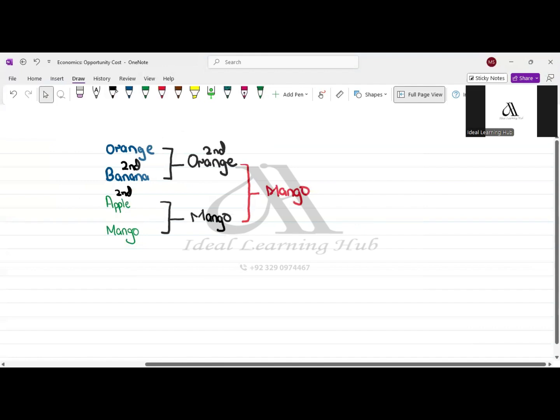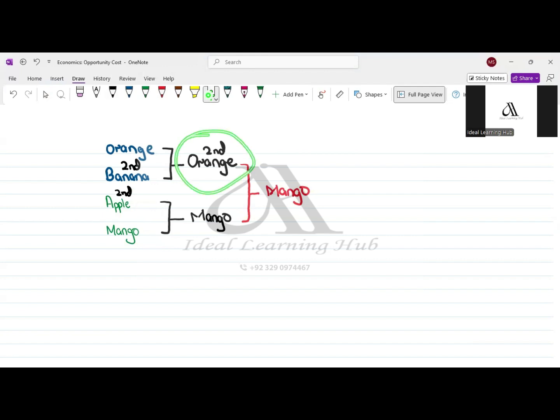Well, this is what opportunity cost is. Opportunity cost talks about what comes second, like what would have been the best option if you did not go with your option. What would be the best option if you did not go for orange? Your best option would be banana.